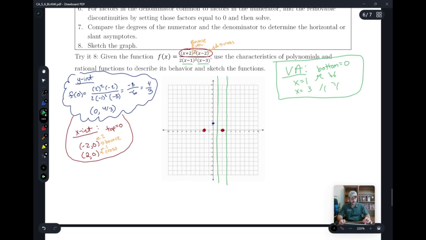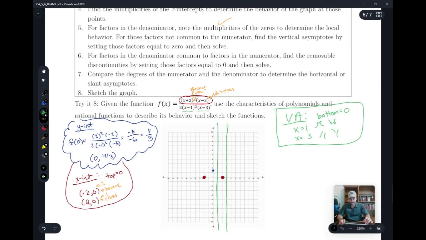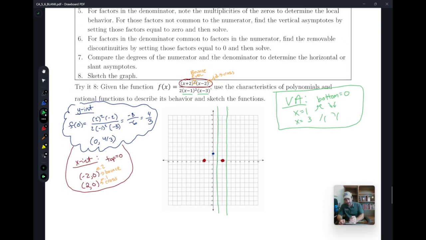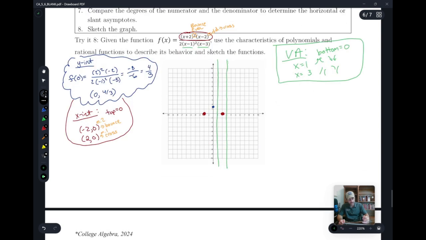Now here we go. We're going to keep going through these steps, and we're going to find the horizontal asymptote. So I'll do this in black, HA. We are going to have to look at the leading term. If we've got x squared and x on the top, it's going to be x cubed.